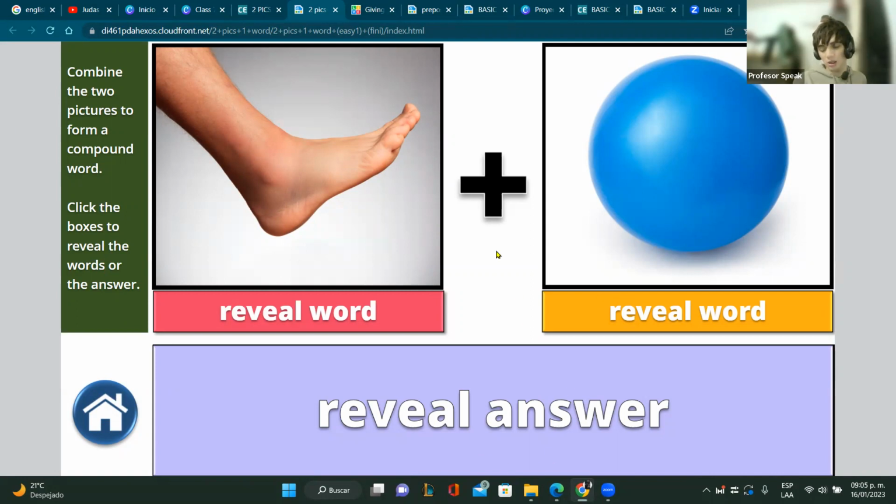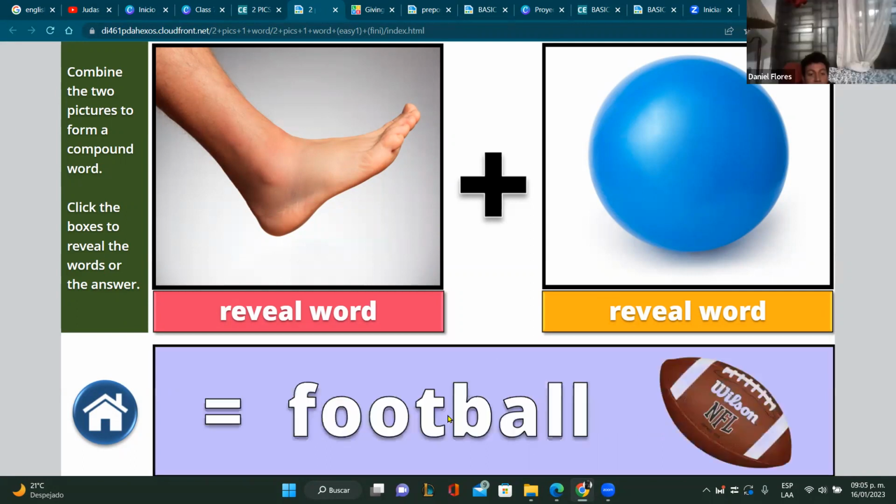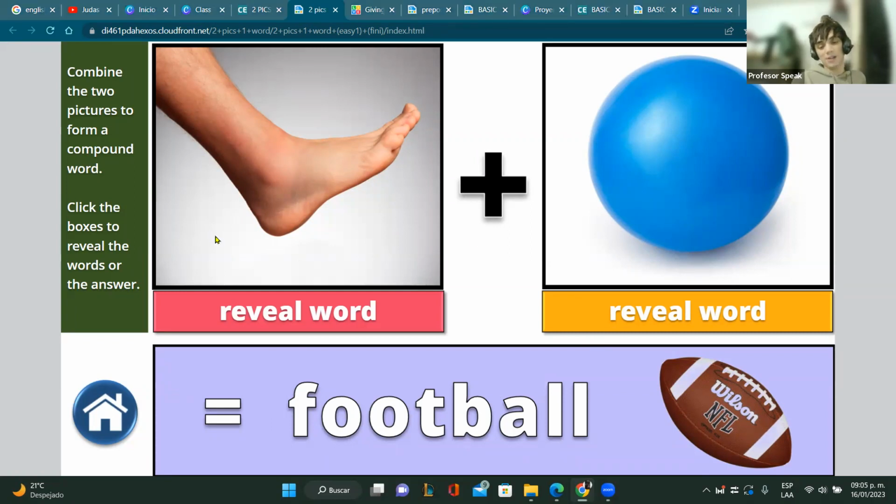Any guesses? Kick the ball. Okay, what is this? Football. Perfect. This is football. We have a foot and we have a ball. If we join the two words together, we create a new word, which is football. A esta palabra se le conoce como una compound word.